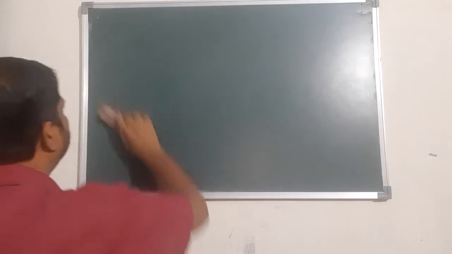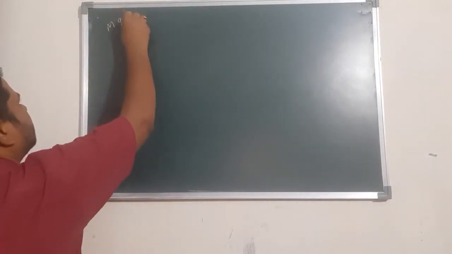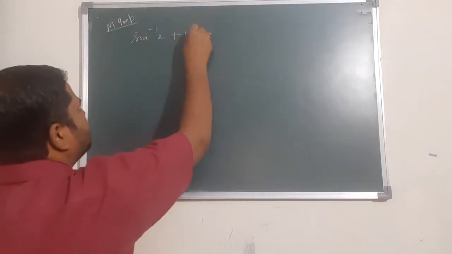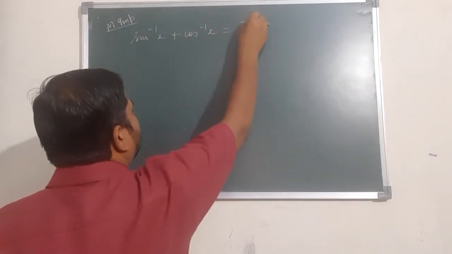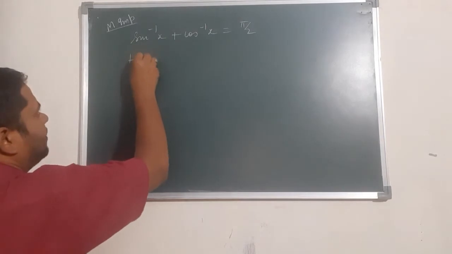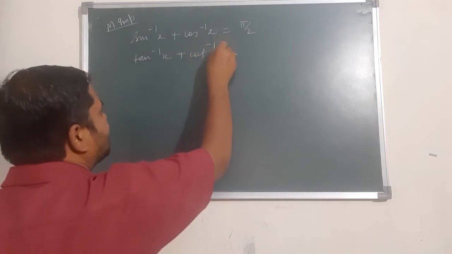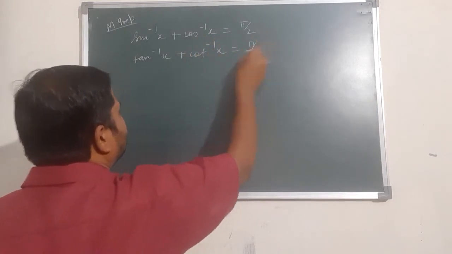In this we have to write, first one is sine inverse x, the most important property: sine inverse x plus cos inverse x is pi by 2. Tan inverse x plus cot inverse x is equal to pi by 2.